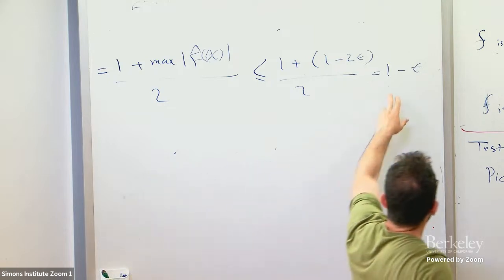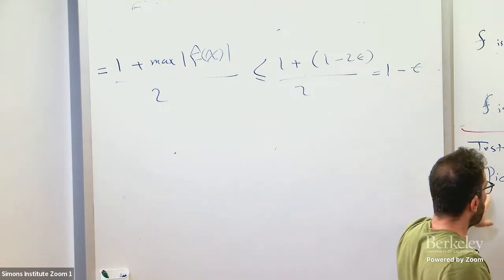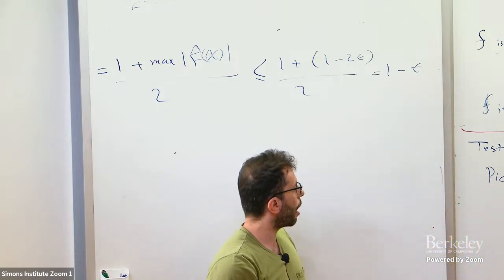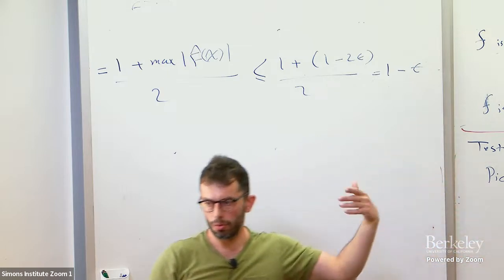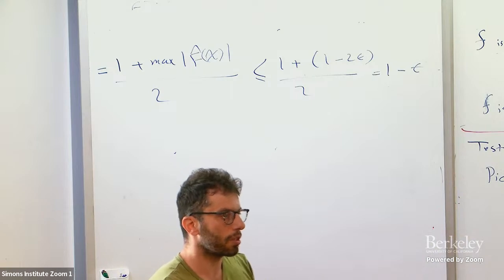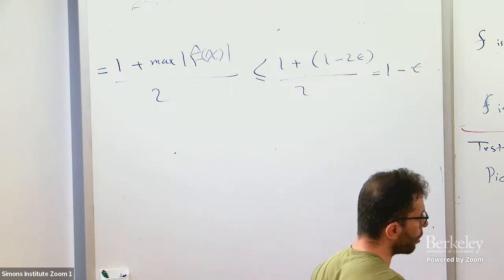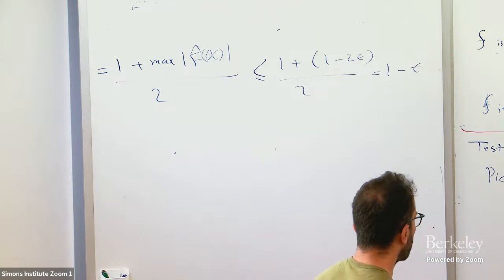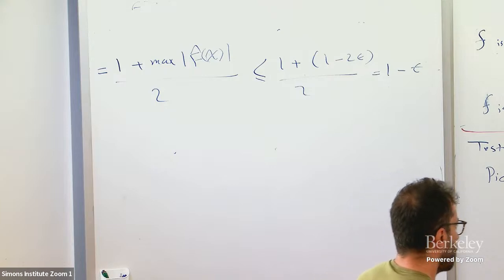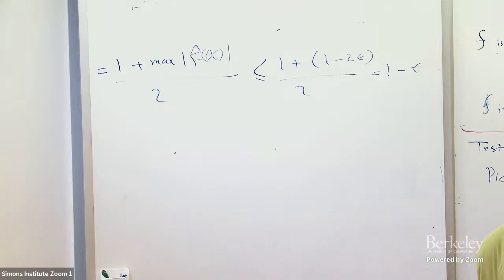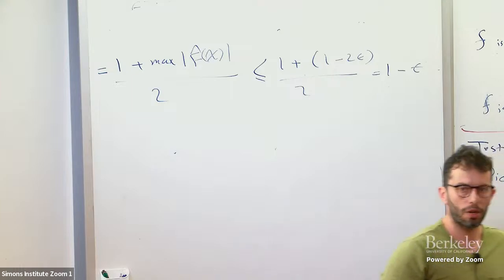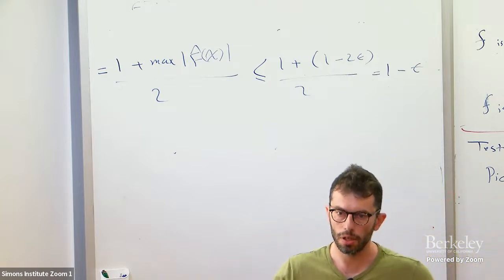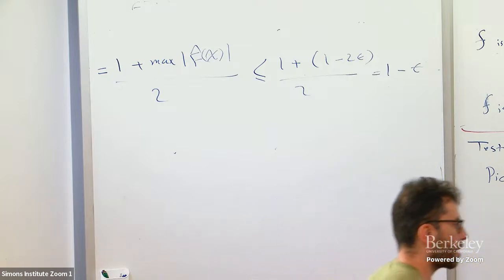If you're not happy with 1 minus epsilon, you can repeat the test log 1 over epsilon times and improve it to a constant, so you can make it as small as you want. It's very simple, and a good first example of applying these things to theoretical computer science. We haven't used anything other than the fact that characters are orthogonal. The whole proof is just writing things in terms of Fourier coefficients and using orthogonality, and things cancel.